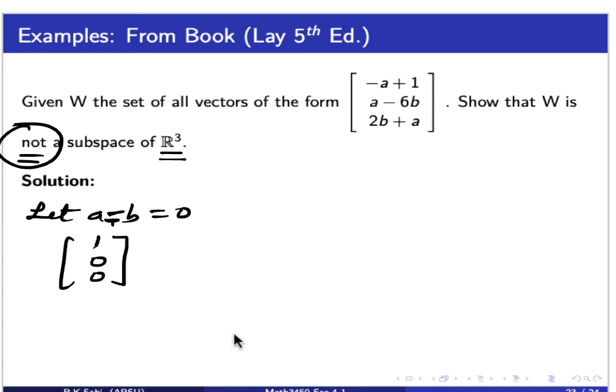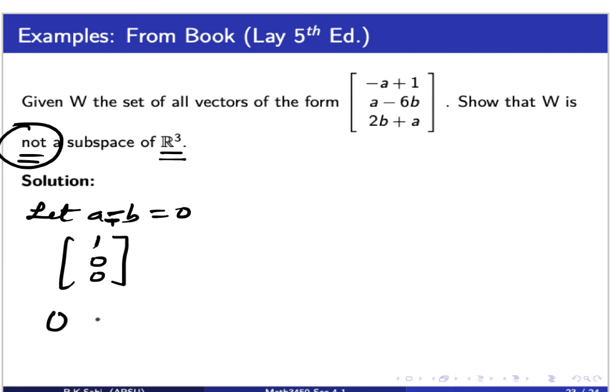Do you see that? For it to be a subspace, the 4 properties have to be proved. That means it should have the 0 vector. Even if I put A and B to be 0, I will never get a 0 vector. Do you see that here?